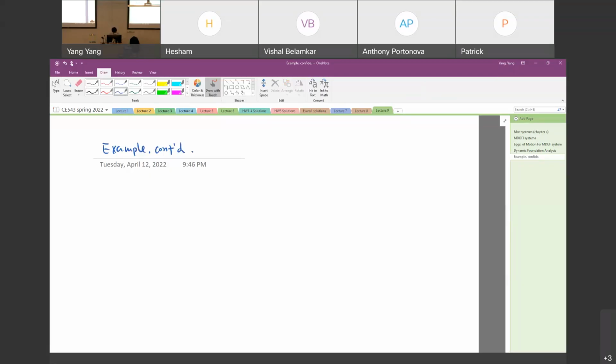We have the force K1 U1 plus K2 U2, and the total inertial force.